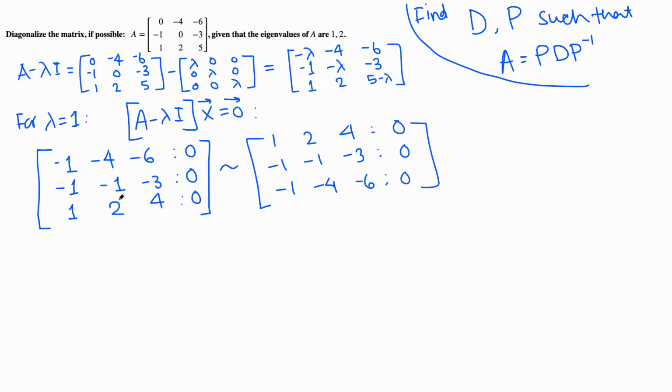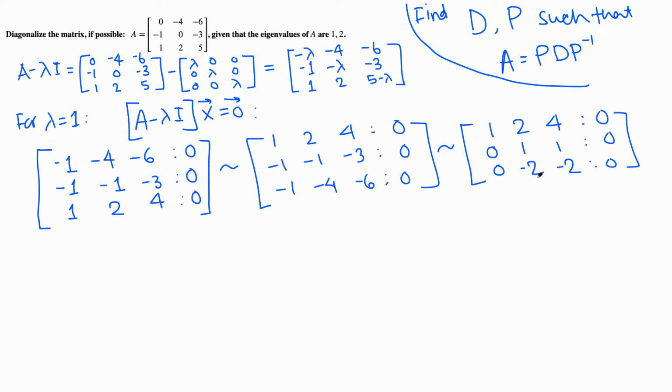Now we want to work on R2, so R2 plus R1, similarly R3 plus R1. So not doing anything on R1. -1 plus 1 is 0, -1 plus 2 is 1, 1, -1 0, -2, -2 0. So here is a pivot, here is a pivot.